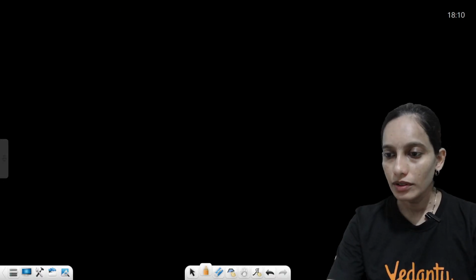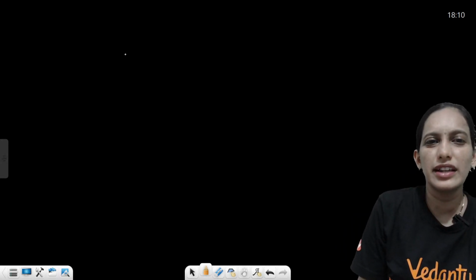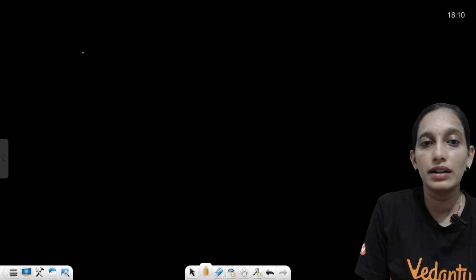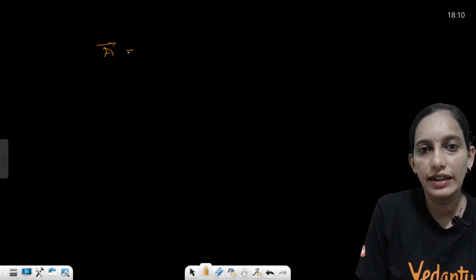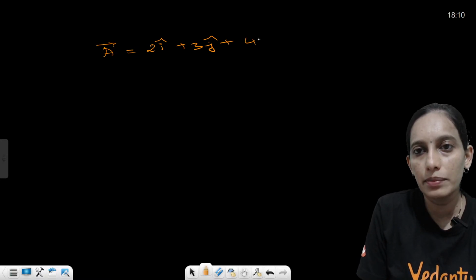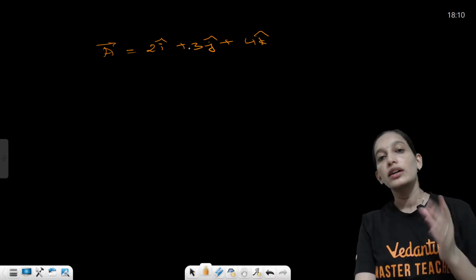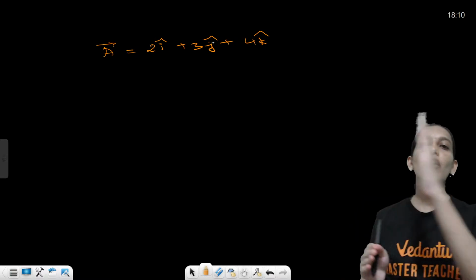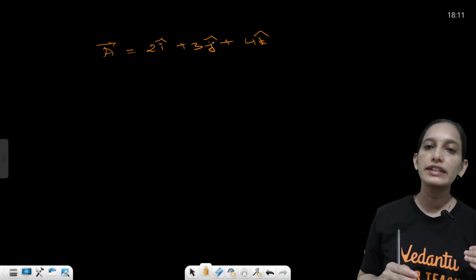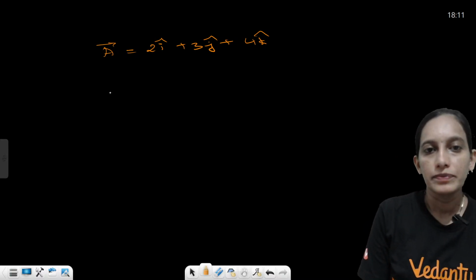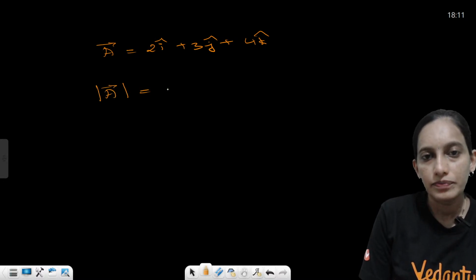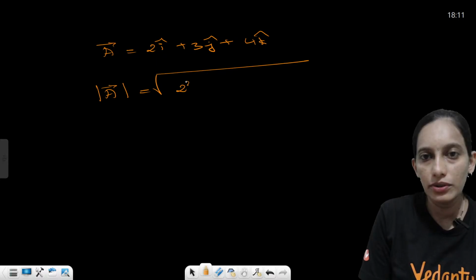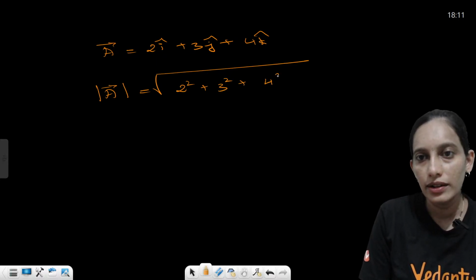Okay. So next, how do we actually represent any vector in 3 dimensions? For example, if I say vector A is something like 2i cap plus 3j cap plus 4k cap. That means the total vector A has its component along the x-axis as 2, its component along the y-axis as 3, and its component along the z-axis as 4. And if you want its magnitude, what should we do? The magnitude of the vector will be equal to the square root of 2 square plus 3 square plus 4 square.